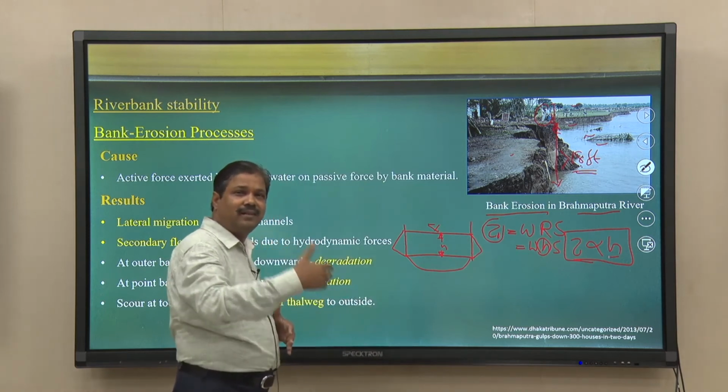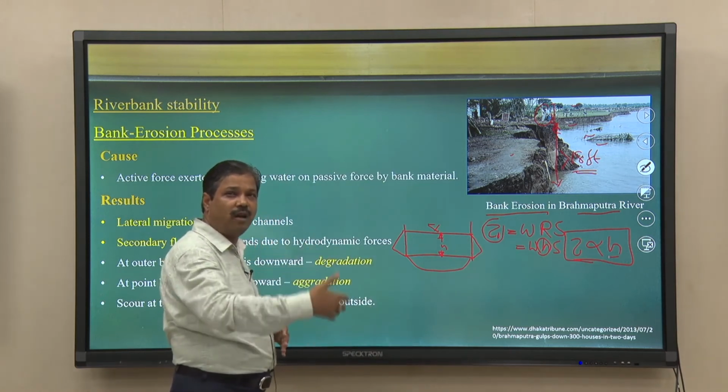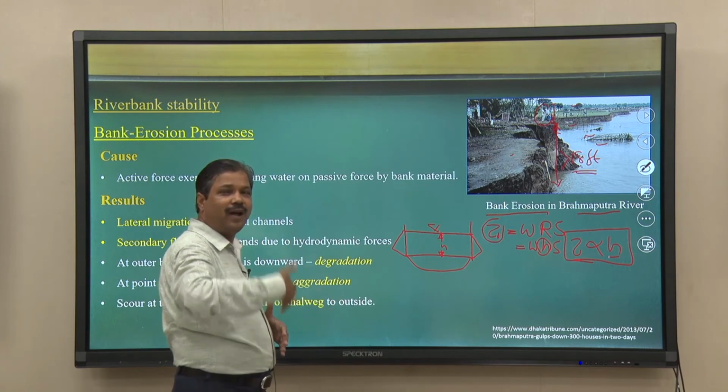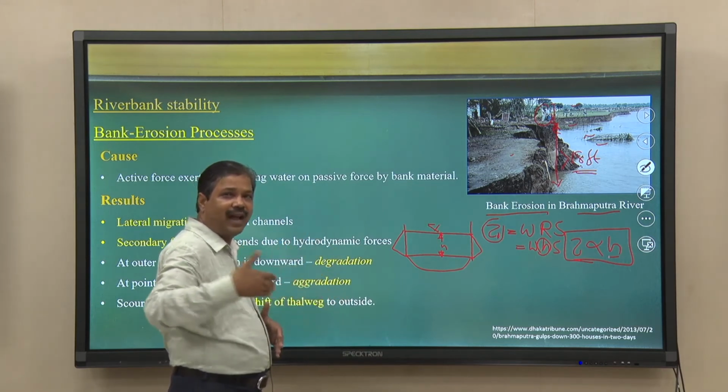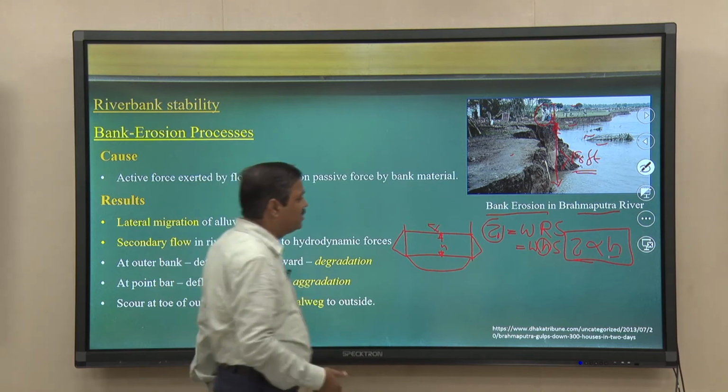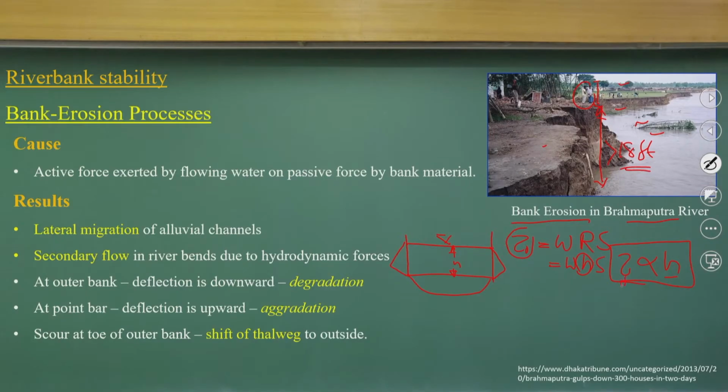As a higher return period flood comes, there is more likely to be more shear stress, more applied force per unit area acting on this. That will try to erode the bed material and as well as the bank material.